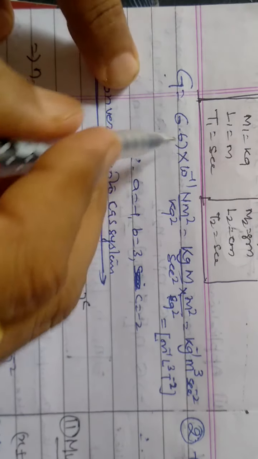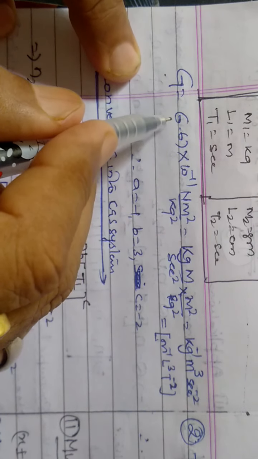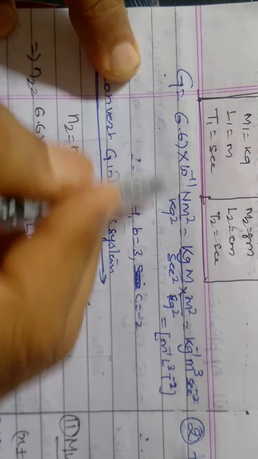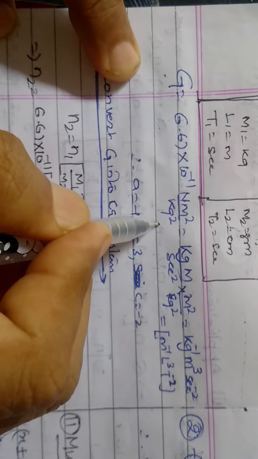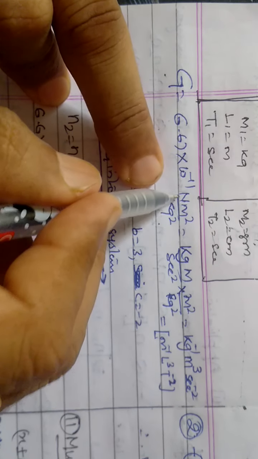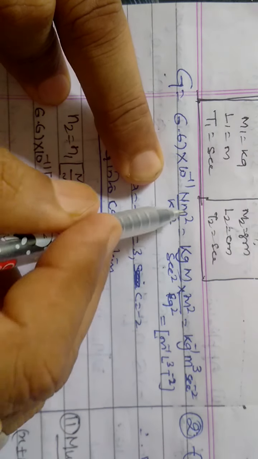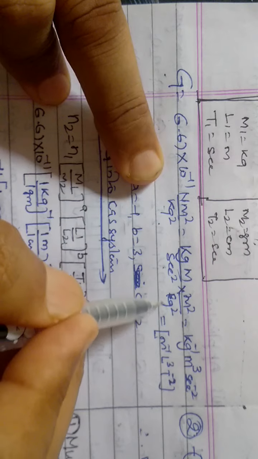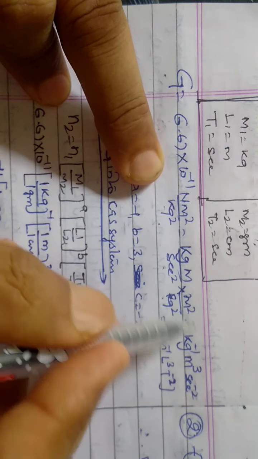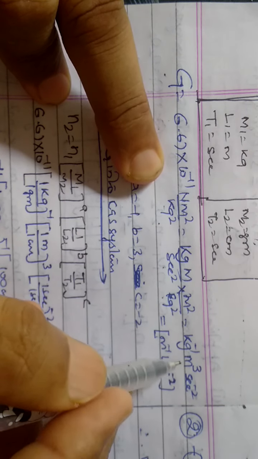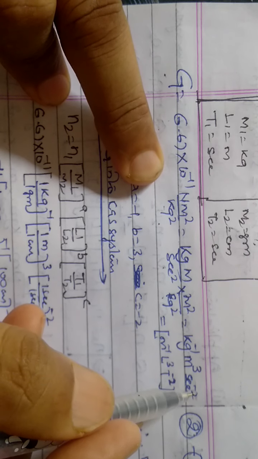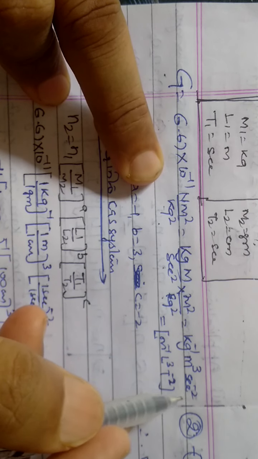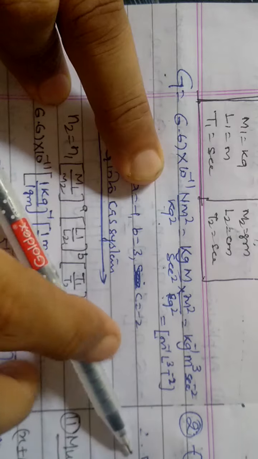On the surface of Earth it is 6.67 into 10 to the power minus 11 Newton meter square upon kilogram square, and the value of Newton is kilogram meter per second square. Meter square is there, and kilogram square is also there. When we cancel, we get kilogram minus 1, m3, second minus 2. Thank you very much.